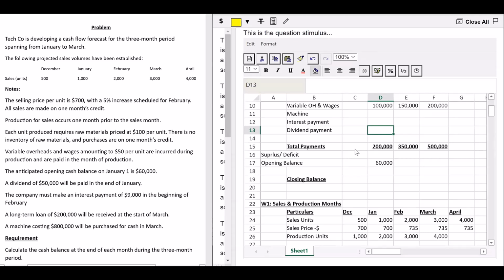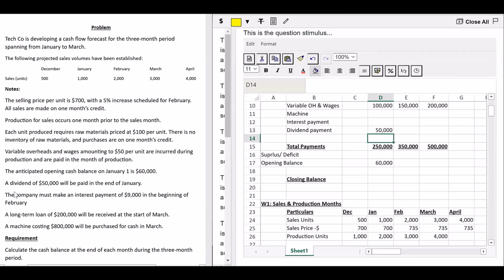Unlike the cash flows in investment appraisal, here if it is a particular month, whether the beginning or the end of the month, it is considered in that same particular month. So here the cash flow is going to happen in Jan, and that amount is going to be 50,000, the dividend payment.